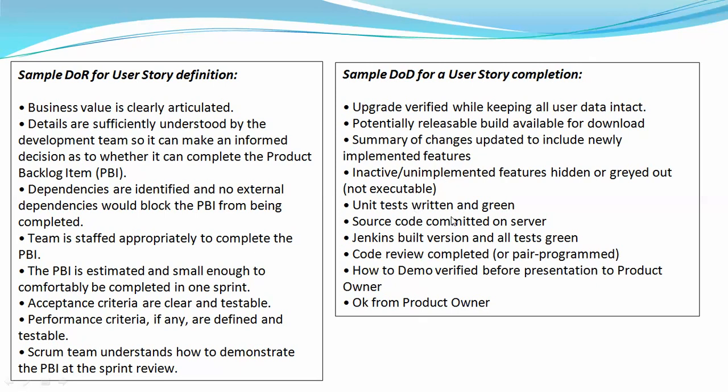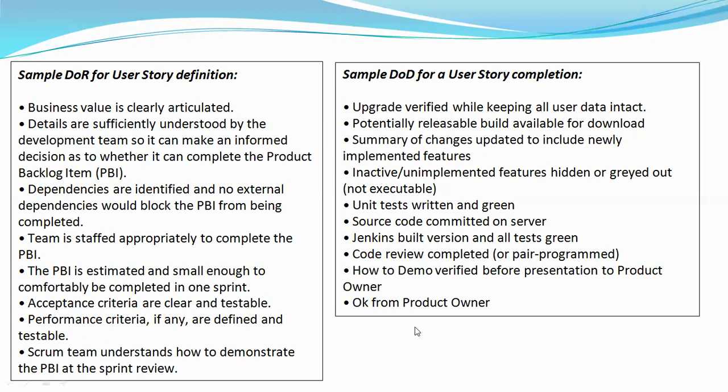For example, the developers may be writing unit test cases, right? If they are writing unit test cases, they should be passing. And code review should be completed. For example, you are a developer and you have written some code for a user story and you have developed the user story now, another peer should actually review that code.